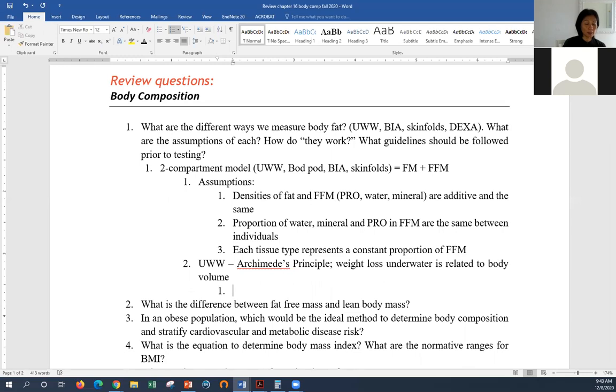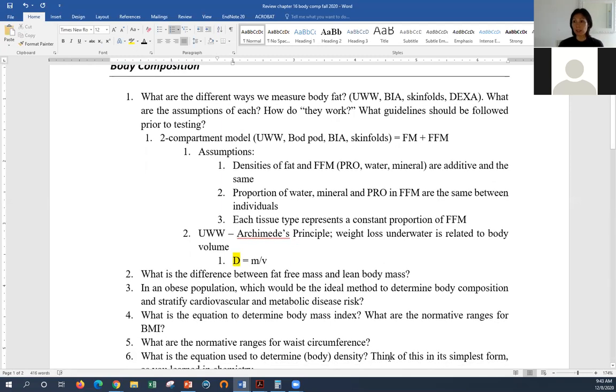Using that mock data that you had in lab, the whole idea is to determine someone's body density, because once you have someone's body density, there are equations you can plug into to determine percentage of body fat. So underwater weighing uses the loss of weight underwater to measure volume. And if we can determine that, we already know the person's mass, because this is just weight on land, we can determine someone's body density.